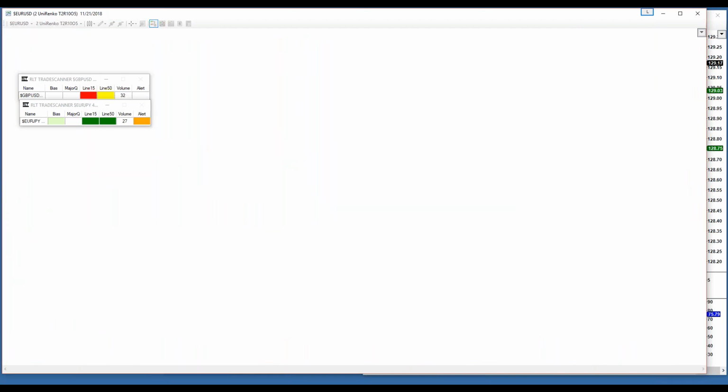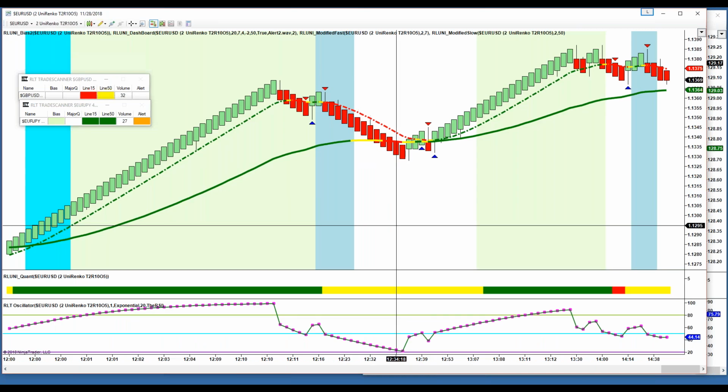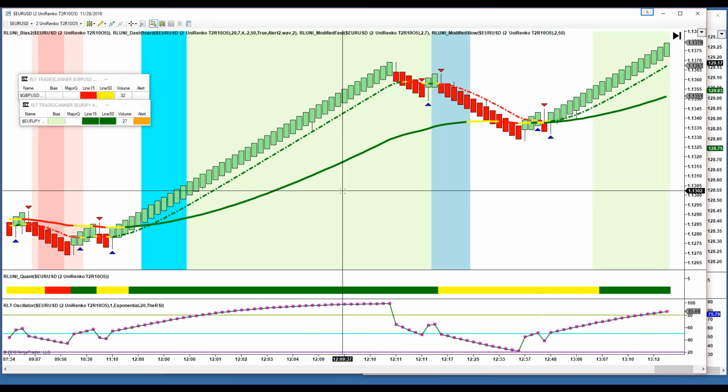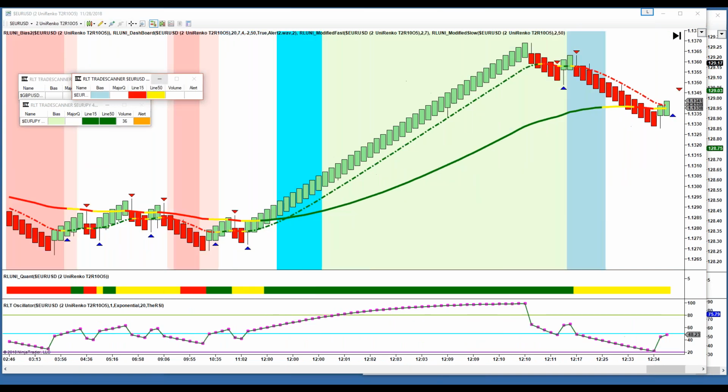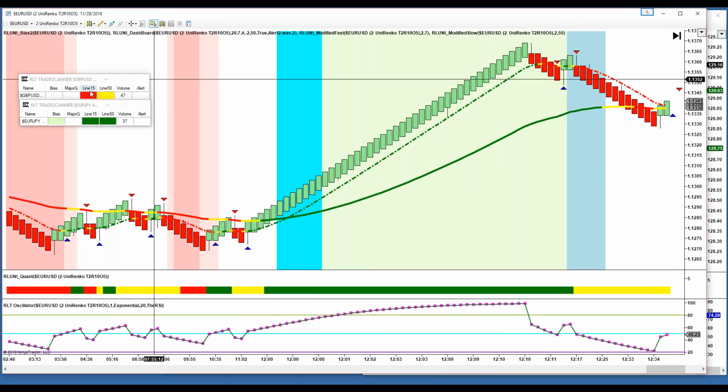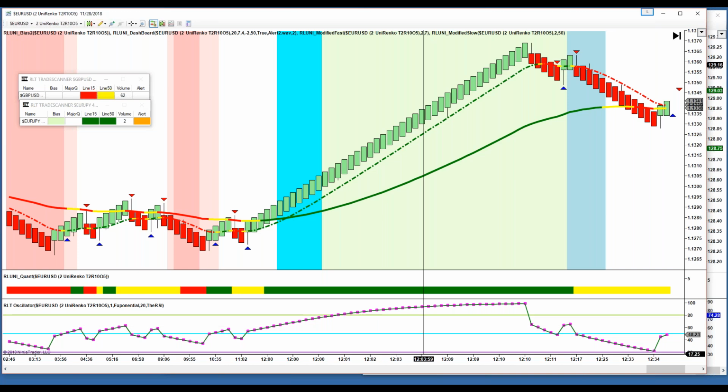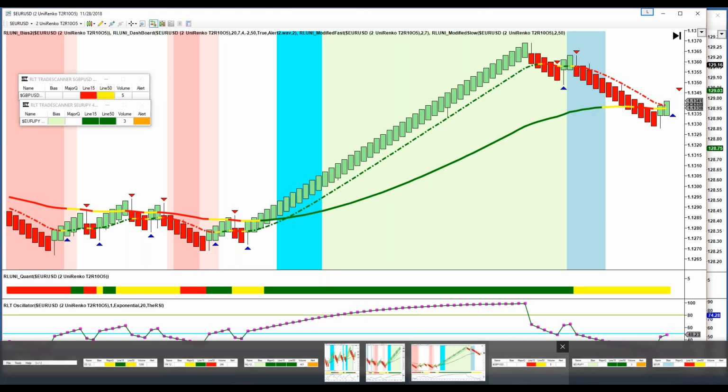Here we are. What that means is, and it's really a key component to trading, of all the independent variables I've seen, I think it's the most powerful.